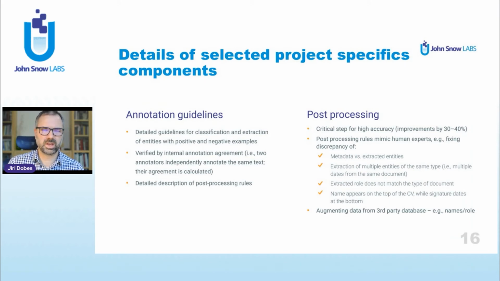Now I would like to mention some details on specific components, which are very important and which I think deserve more details. So first of all, annotation guidelines. At the beginning of the project, we need to write annotation guidelines to describe how certain documents look, to be able to classify them, and how exactly to extract certain metadata and certain information from the document.